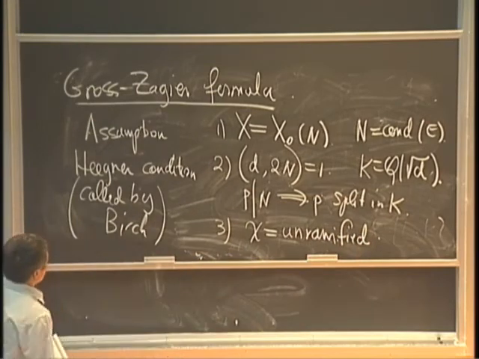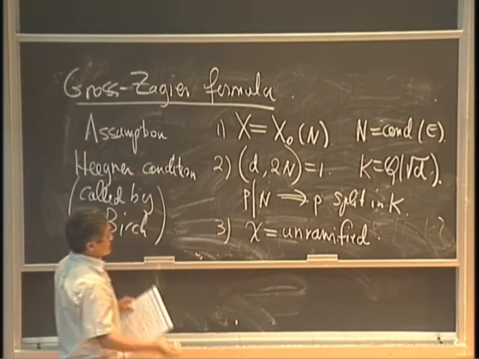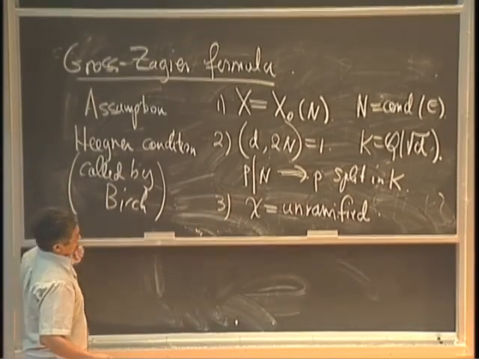So this is called the Heegner condition, which is just an assumption that Gross and Zagier took.